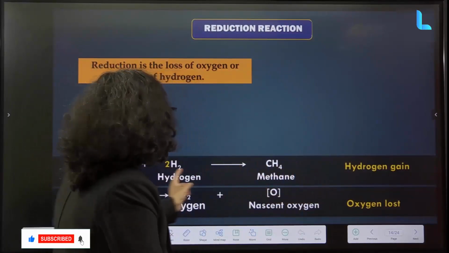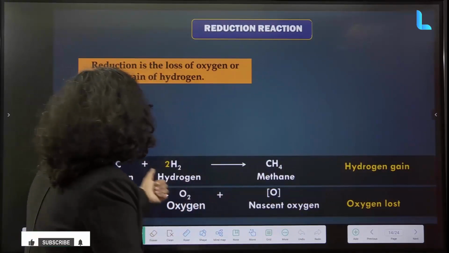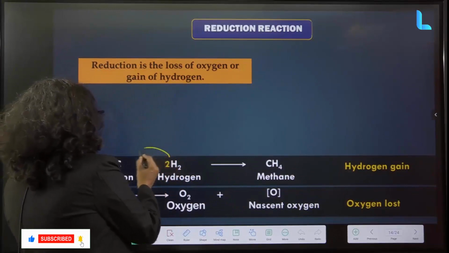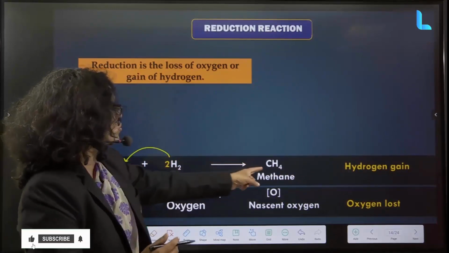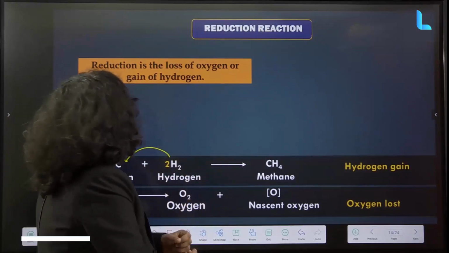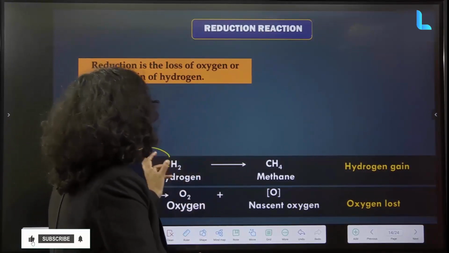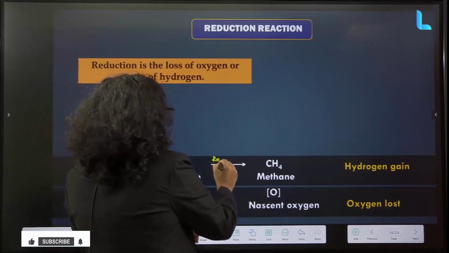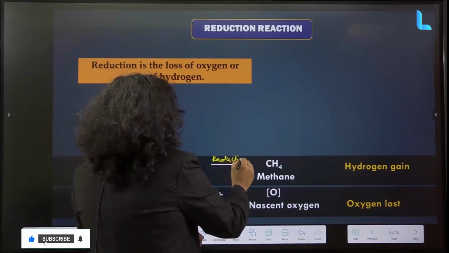Okay, so now we can see here in the first process what we have seen, there is hydrogen gain. This hydrogen is added to this carbon, and that is why you are getting CH4. So when hydrogen is added, what is it called? Reduction is loss of oxygen or gain of hydrogen. So this process is called reduction. Are you getting?